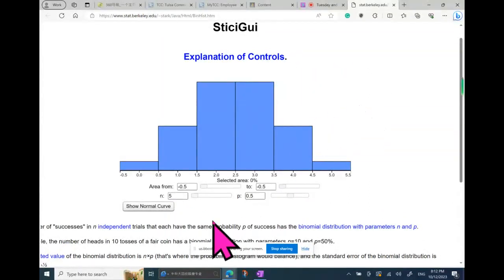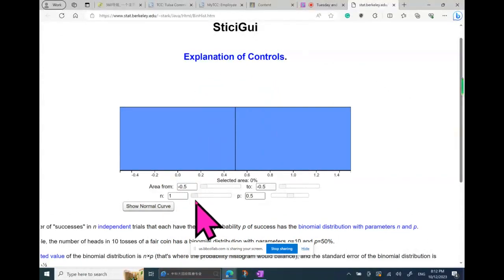All right, and do you see n here? N here is 5 right now, right? I can adjust. I can let n be 1. Yeah, and p, this is the value of p. I can also adjust the value of p, right?